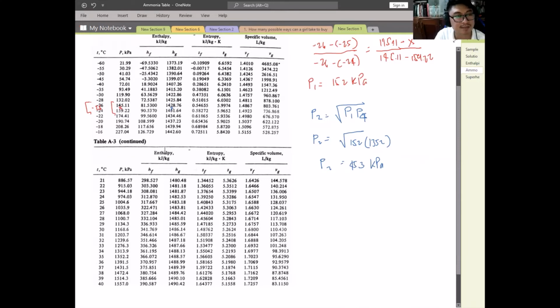So, pwede natin gamitin si temperature or si pressure, no? Kahit ano po dyan. So, gagamitin ko lang si temperature kasi bigay na naman 25 degrees Celsius para ma-short yung solution natin. So, solving for H1, okay, HG. Solving for H1. So, H1 is HG at negative 25 degrees Celsius.